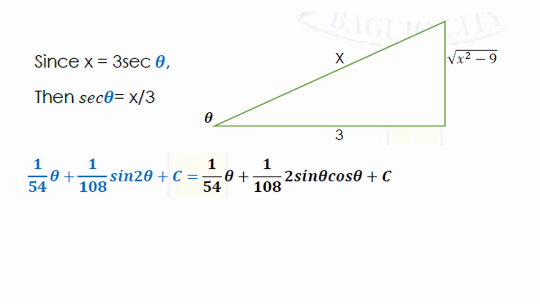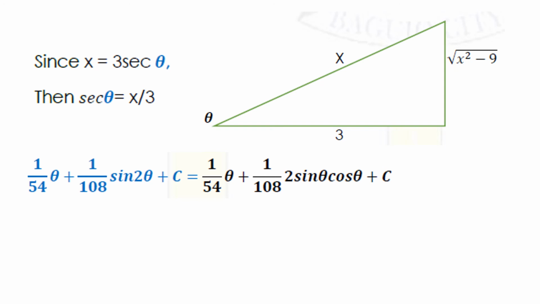From our answer in terms of theta, we can use the identity for sine 2 theta, which is equivalent to 2 sine theta cosine theta. From the triangle, we can take the values of sine theta and cosine theta, including the value of the angle theta.